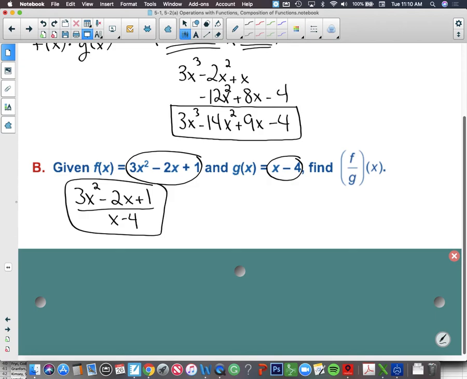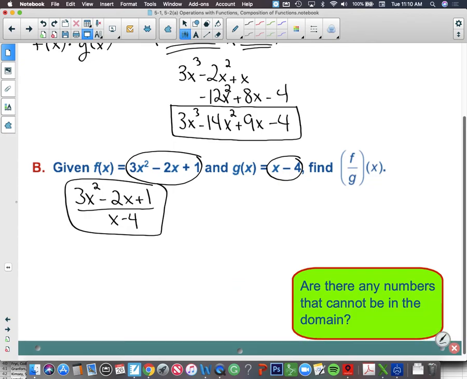Since we have division with a variable in the bottom, we have to think: are there any numbers that cannot be in the domain? Any numbers that you cannot plug in for x that would potentially ruin the equation? Think of 1 divided by 0. If you punch that in your calculator, it says it can't do it, cannot divide by 0.